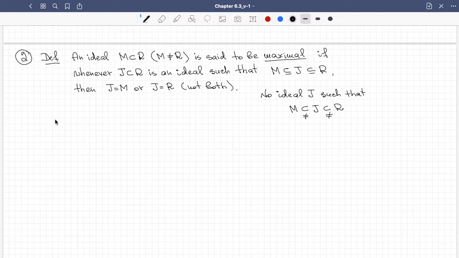So again, let me first demonstrate that this property generalizes the property of being a principal ideal generated by a prime. So for a prime P, which is an integer, the principal ideal generated by this prime is maximal.